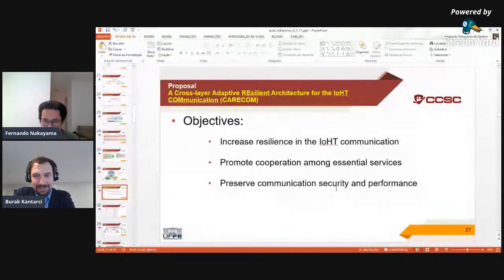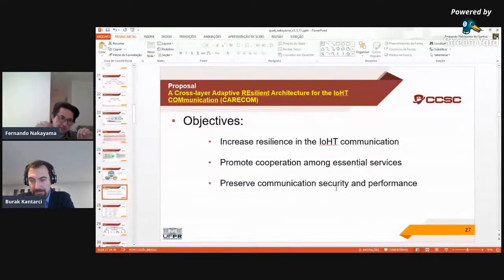Okay, so my idea is that we can acquire different information from the essential services, but the information we get is only applied by the solutions in the specific essential service. What we are trying to achieve is that we can use the information from a different service level to enhance the services in the previous service level, because I understand that these services are tightly bonded with each other.